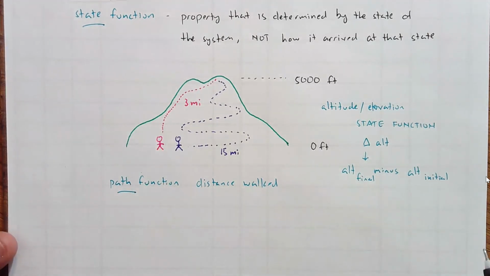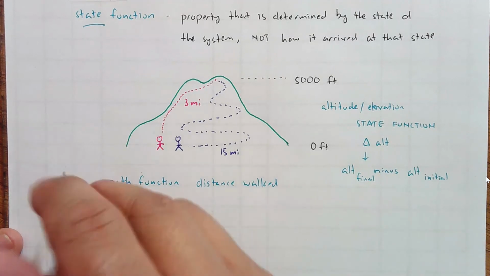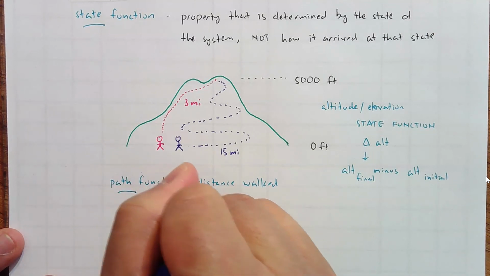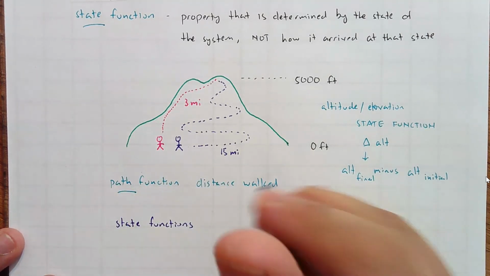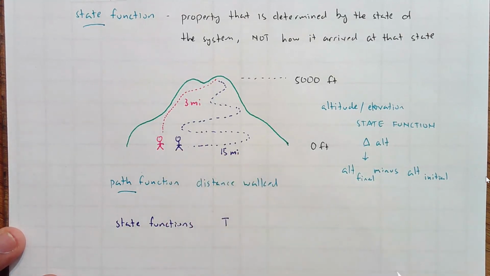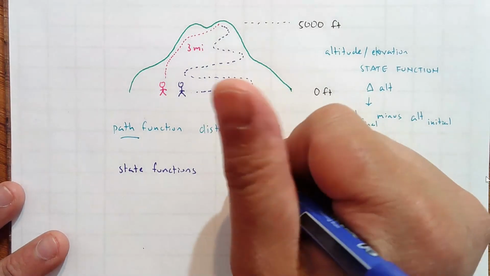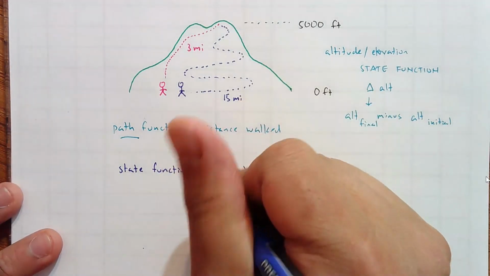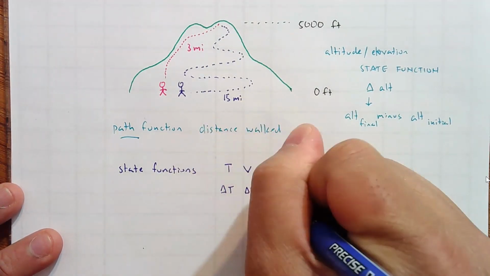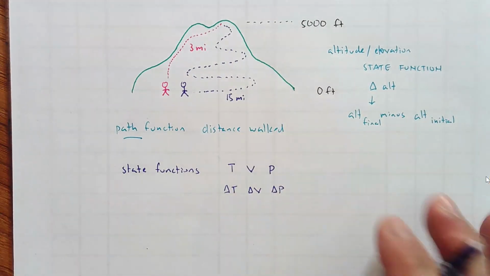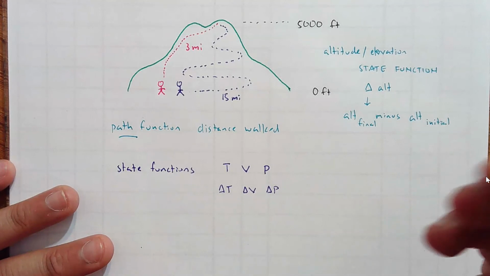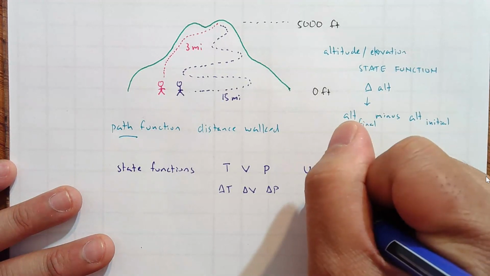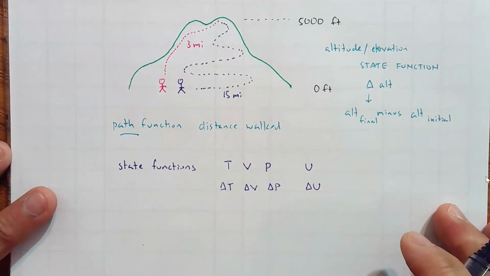I can tell you now we're going to be mostly concerned with state functions, and some of those examples are temperature, volume, pressure, and then the associated change with those state functions you know as delta T, delta V, and delta P. But now we also have energy, and I'll use internal energy U. Later videos will talk about change in internal energy.